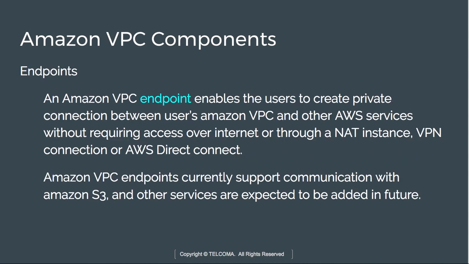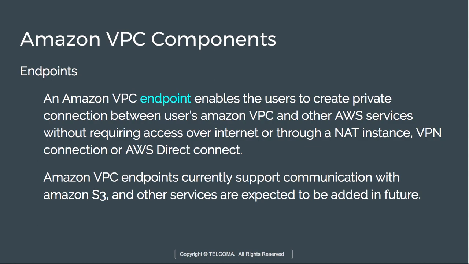Next we have endpoints. An Amazon virtual private cloud endpoint enables users to create a private connection between your VPC and other services. That means we can create a private connection without requiring access over the internet.